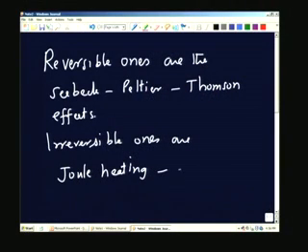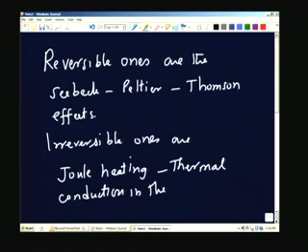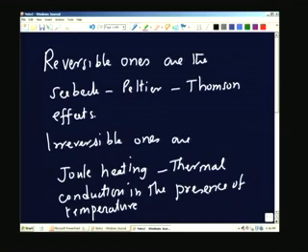And the second one is thermal conduction or heat conduction, thermal conduction in the presence of temperature gradients. That means, if the temperature is varying within a material from position to position, there would be irreversible transfer of heat from a high temperature region to a lower temperature region. So, these are the irreversible ones and these are the reversible ones.